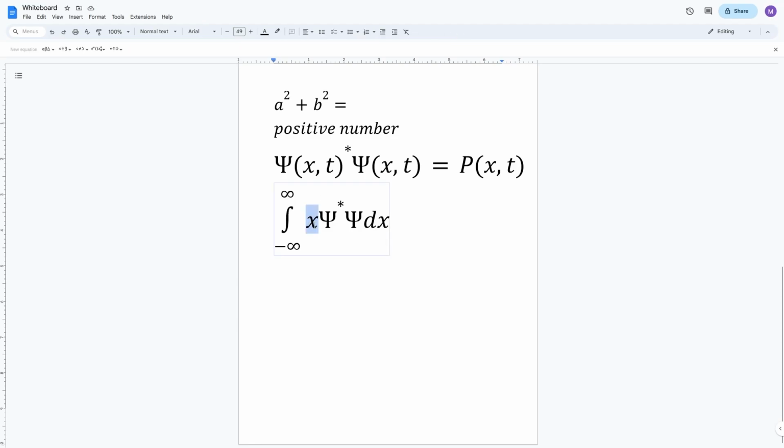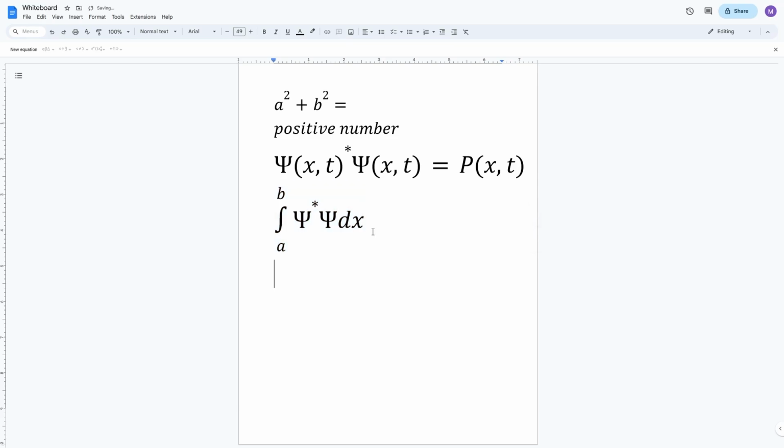From my video, you may remember that the area under the function, when you have a probability density, gives you probability in between point A and point B. So from A to B, this gives you the probability of finding the particle in between these 2 points.